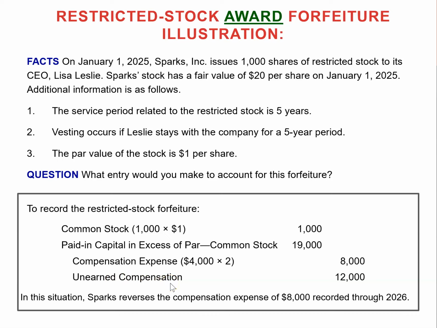So when we record the forfeiture, we have to eliminate that unearned compensation debit balance. That is why we are crediting unearned compensation.